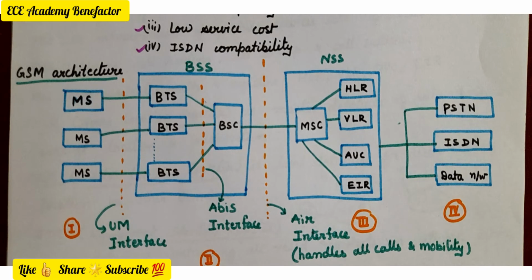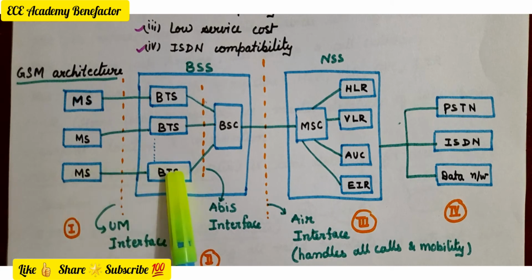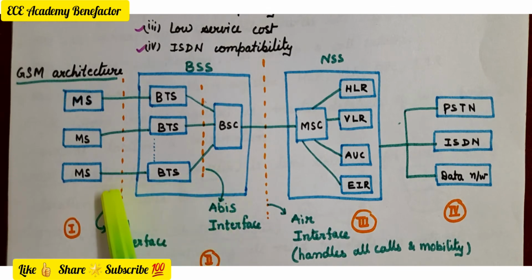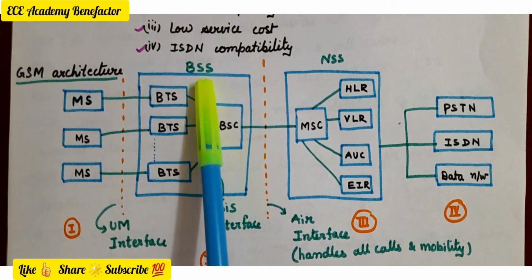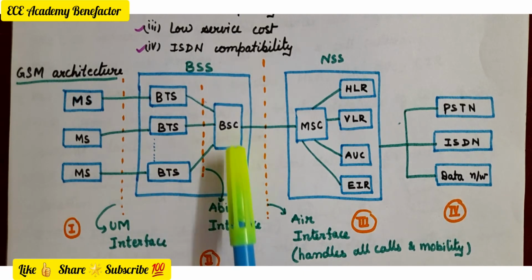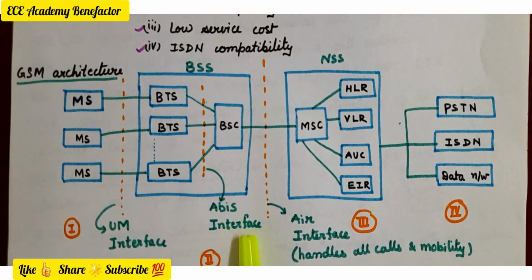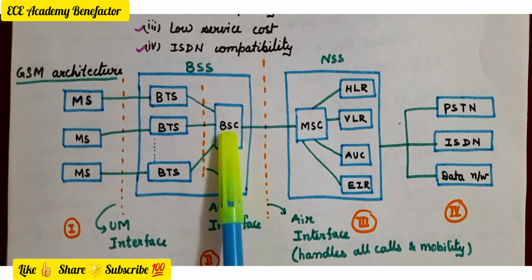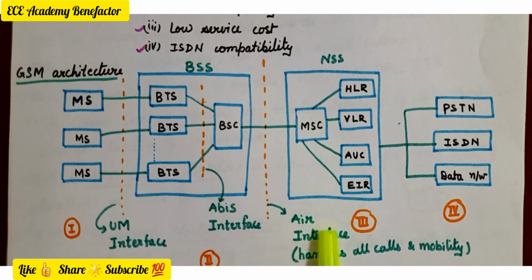There is an interface between mobile station and BTS, the air interface, a medium that handles all the calls and the mobility. The interface or medium between BTS and BSC is the Abis interface. The interface between BSC and MSC is the A interface.